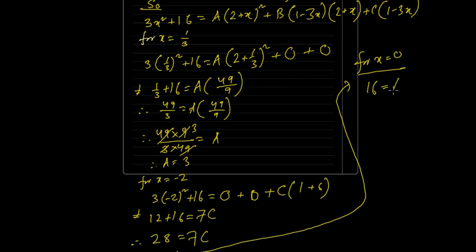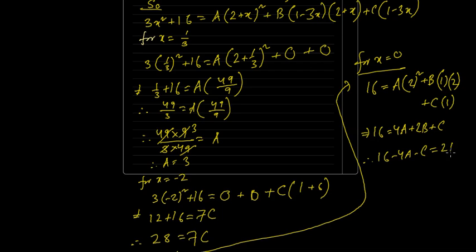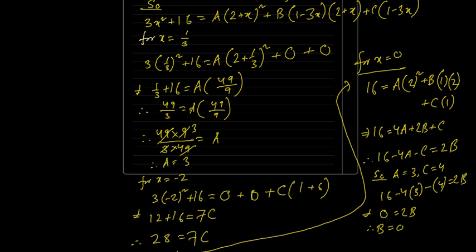This would be A, 2 plus 0 is 2, so 2 squared, plus B, 1 minus 0 is 1, 2 plus 0 is 2, and plus C, 1 minus 0 is 1. 16 equals 4A plus 2B plus C. Therefore 16 minus 4A minus C equals twice B. If I put A equals 3 and C equals 4, so 16 minus 4 into 3, 12, minus 4 equals 2B. 16 minus 12 is 4, 4 minus 4 is 0, so twice B is 0, therefore B becomes 0. That thing makes things easier.